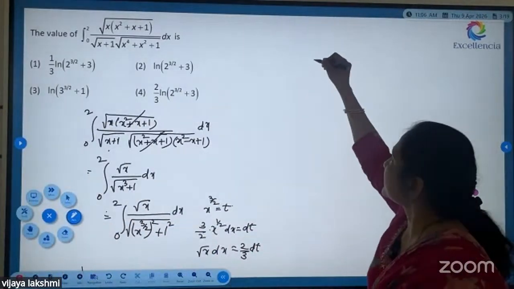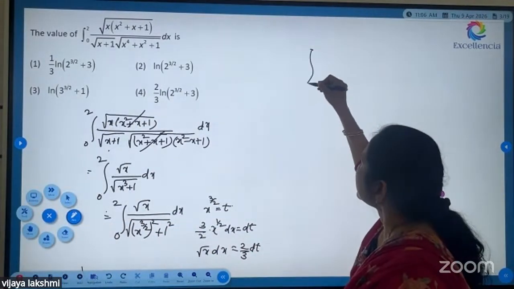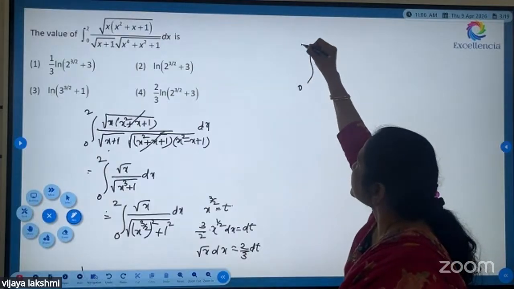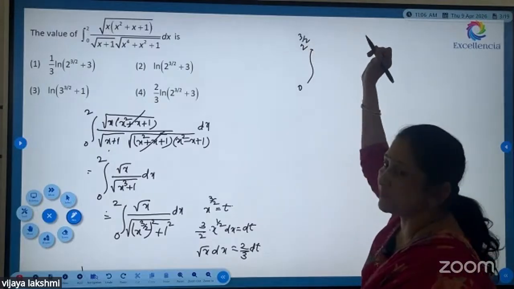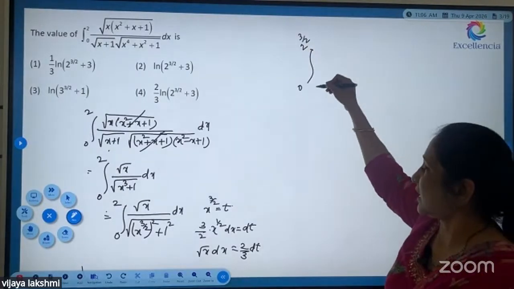Then you can write the integral from 0 to 2 to the power of 3 by 2, since the upper limit is also changing.